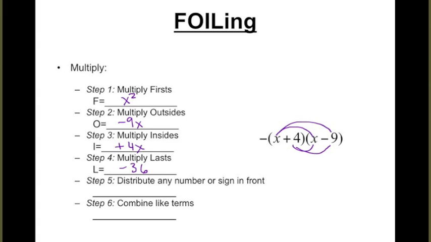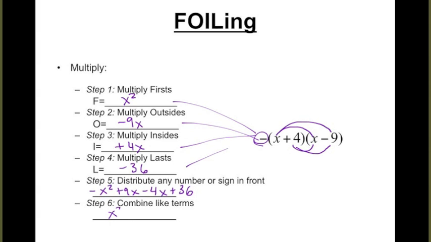Now we haven't done anything with that negative in the front, so our next step is to distribute that to each of these things that we got from foiling. So that's going to become a negative x squared, positive 9x, minus 4x, positive 36, and then combine any like terms.